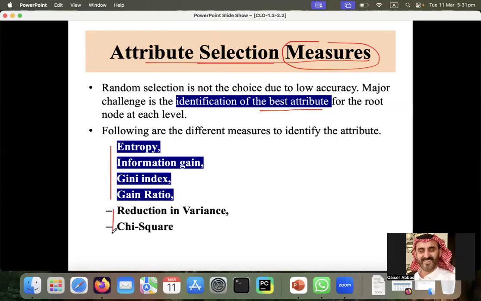You have to read it, but read it yourself, and increase your knowledge by yourself. I will go with entropy, information gain, Gini index, and gain ratio. These are the different measures which you can use to select the best attribute, because selection of the best attribute is the only point. The rest of the things are just steps.